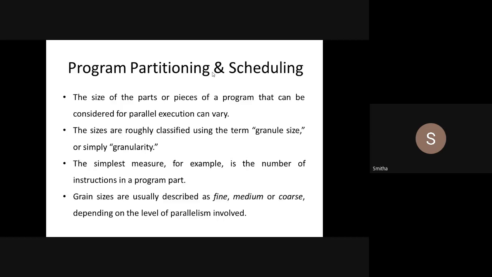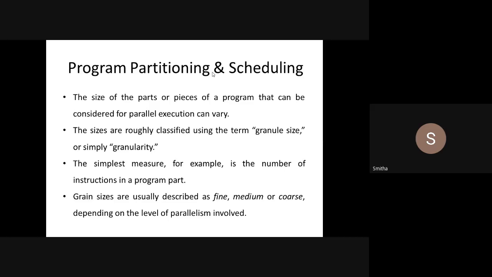Now we can have three different categories here: fine grain, medium grain, or coarse grain. This classification is based on the number of instructions in each piece. We will see later what the difference is.